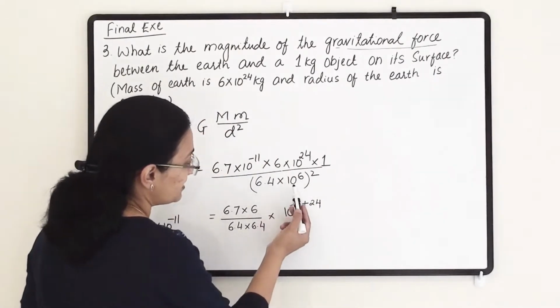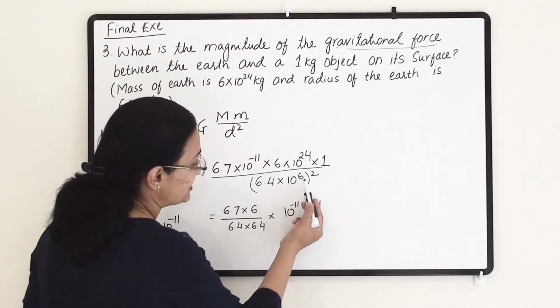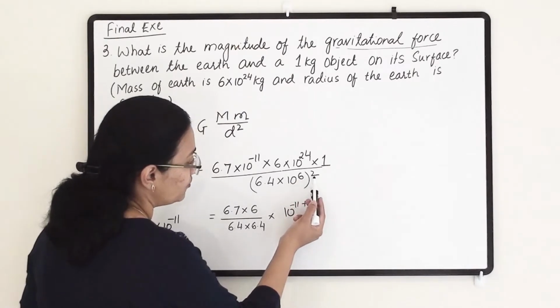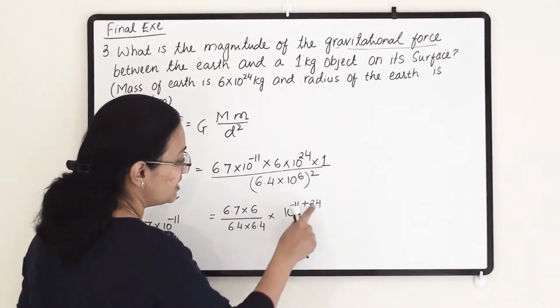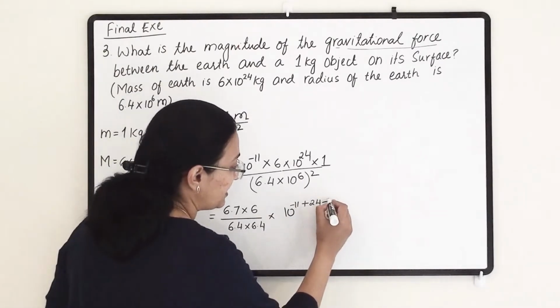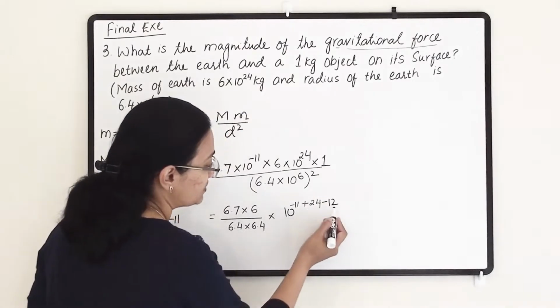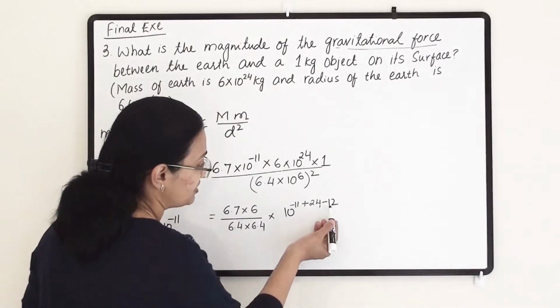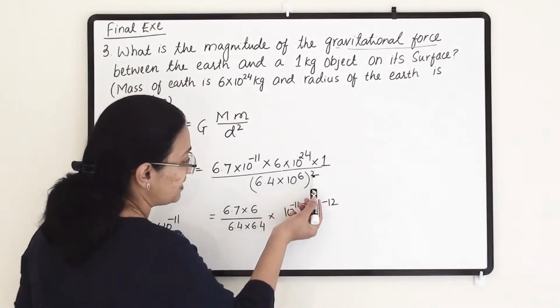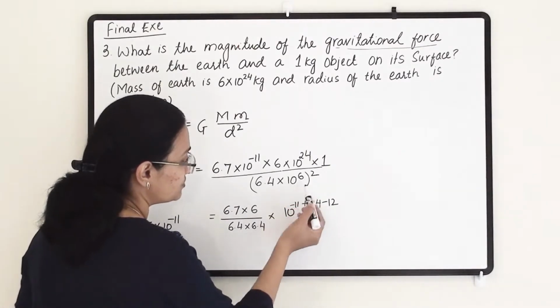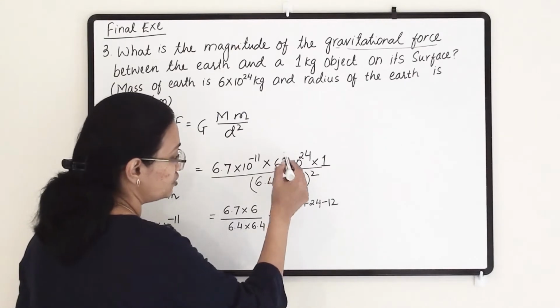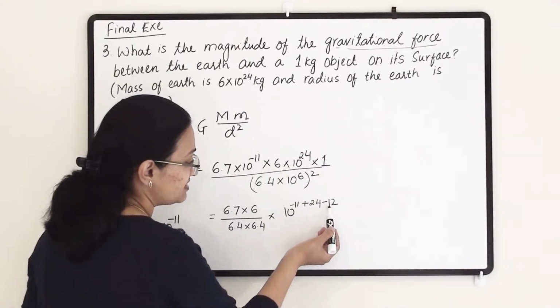In the denominator, 10 raised to 12 is there, because 6 will be multiplied with 2, so we get 10 raised to 12. Once we take it into the numerator, it will be a subtraction, so minus 12 will be there.